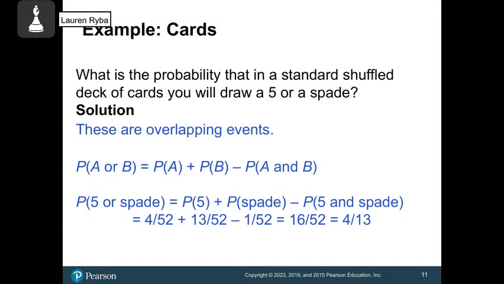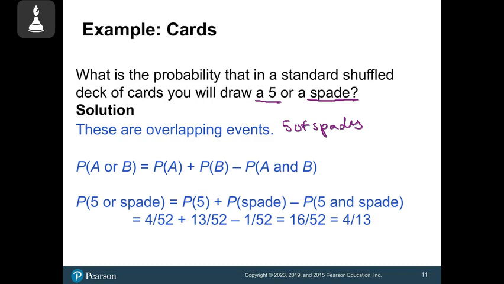Very similar example here. What is the probability that you draw a 5 or a spade? These are going to be overlapping because we have a 5 of spades. So we're going to start with our overlapping formula, the probability of A plus the probability of B minus the probability of their overlap.